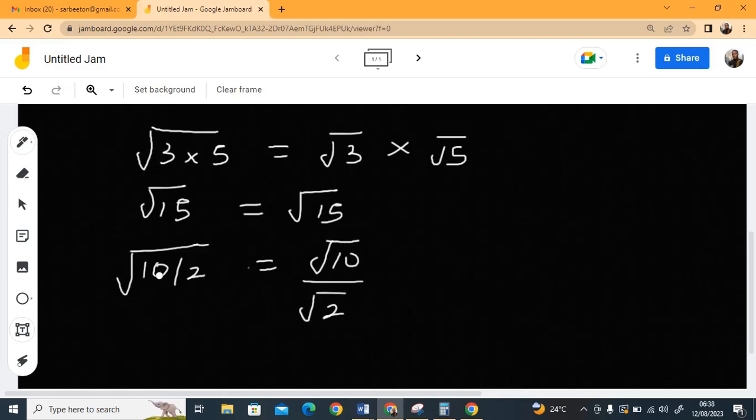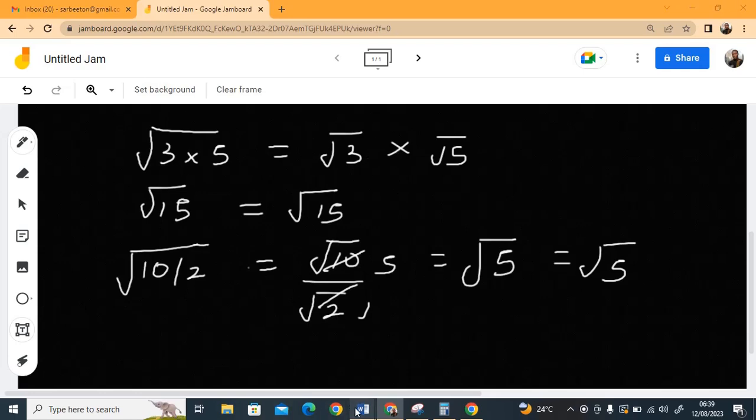There's no difference, because 10 over 2 gives us 5, so your answer is root 5. So for numbers under the same root, you can dissociate them, you can decompose them into two or three different roots.